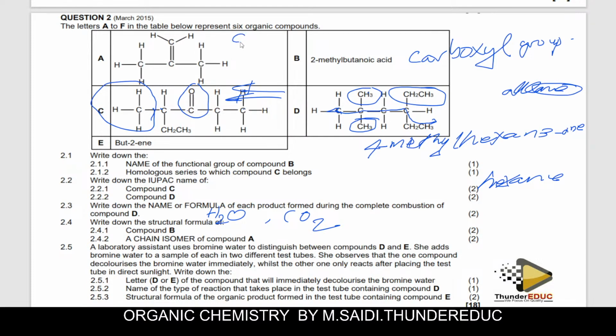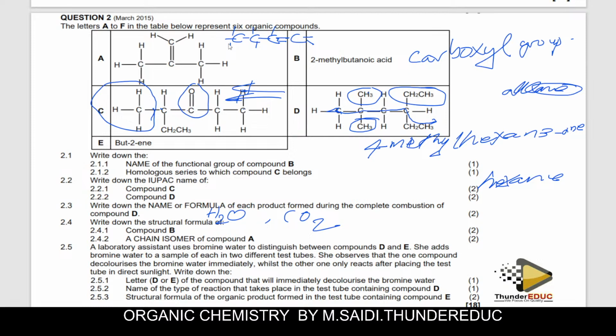And then you say 1, 2, 3, 4. Then you put a double bond anyway, and then you make it to have full bonds. 1, 2, 3. Yeah. So that is a chain isomer.